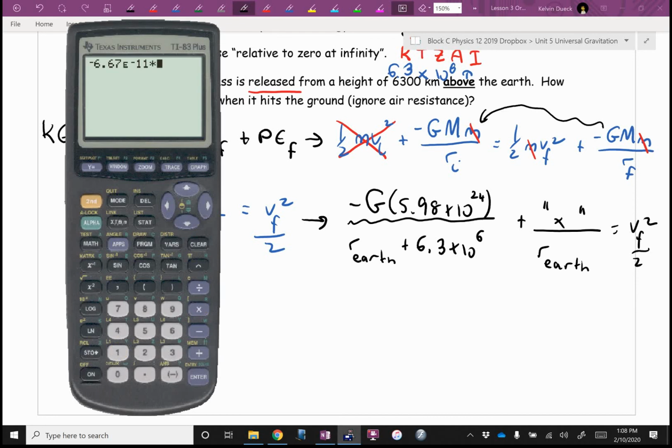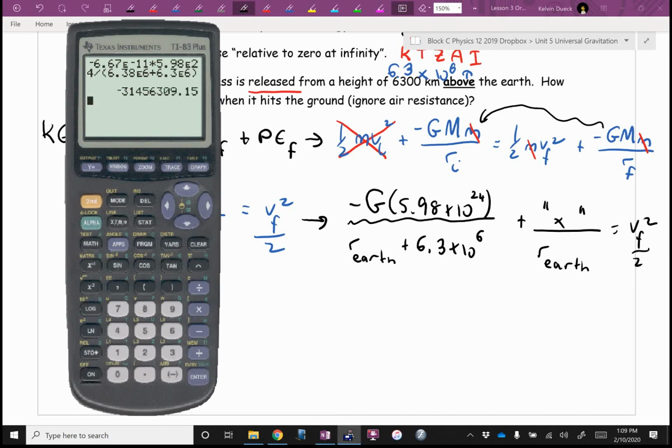And go times 5.98 scientific notation button 24 divided by bracket 6.38 scientific notation button 6 plus 6.3 scientific notation button 6, close off the bottom, and don't type anything more, just the first term.